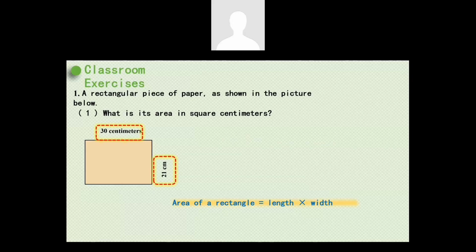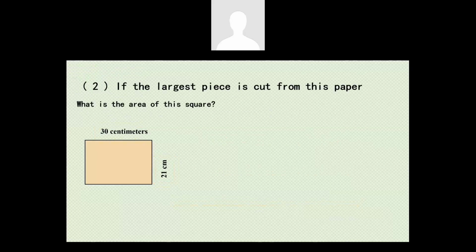Yes, that's right. 30 multiplied by 21 equals 630. The unit is square centimeter. Remember, for area always write the squared unit.